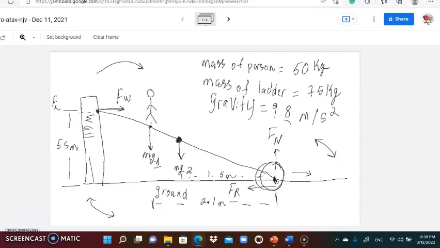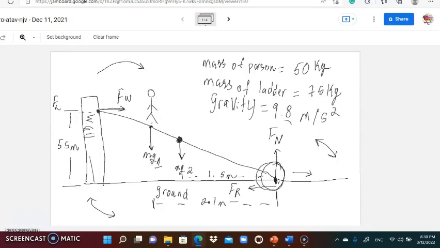The torque is going to be the force that is acting perpendicular some distance from that point or lever, where the ladder can be rotated anti-clockwise or clockwise.